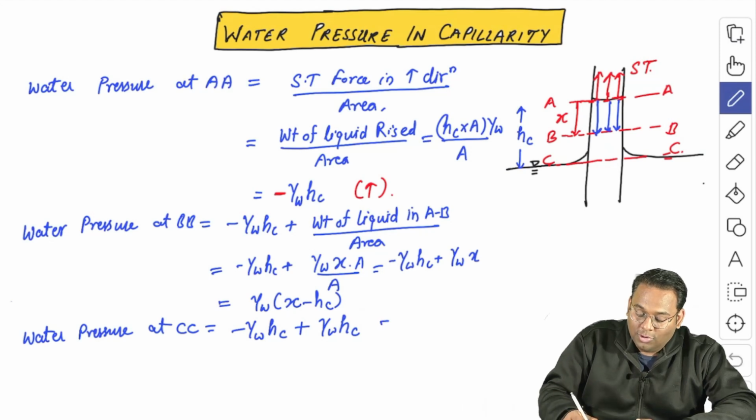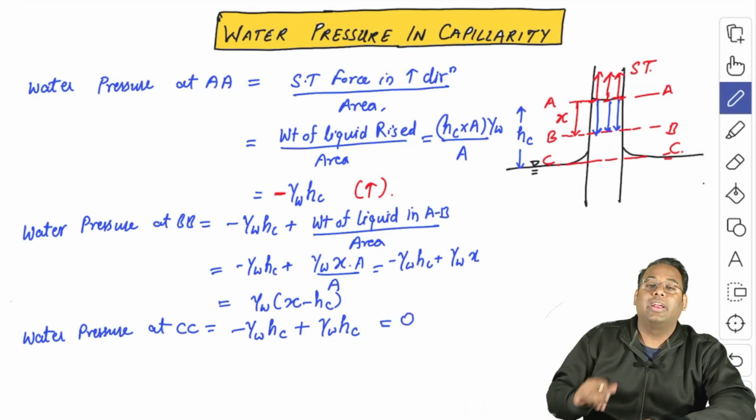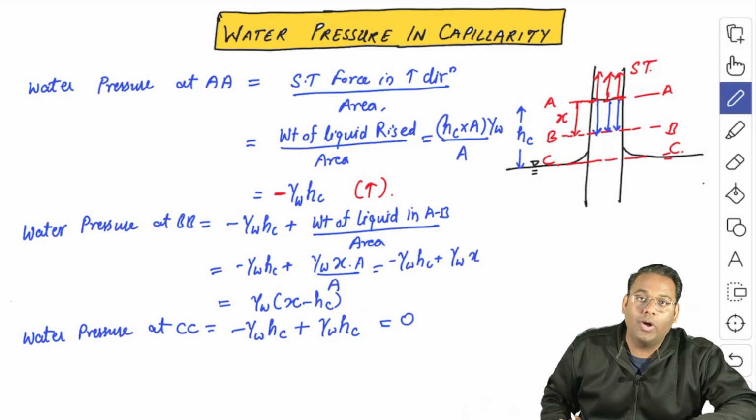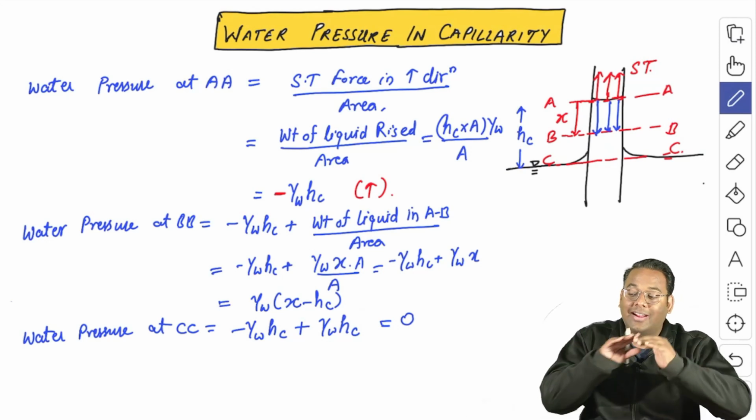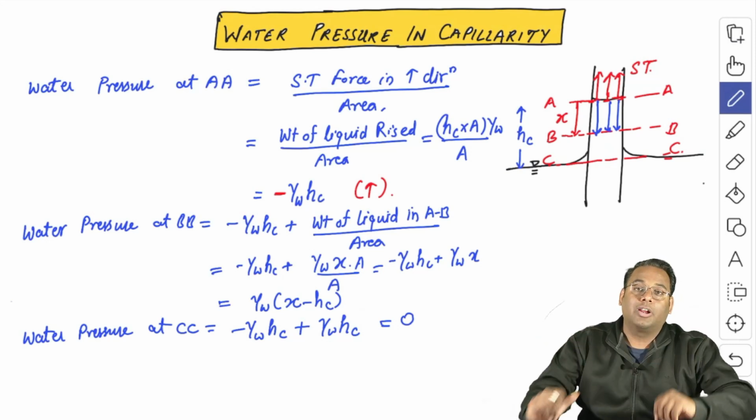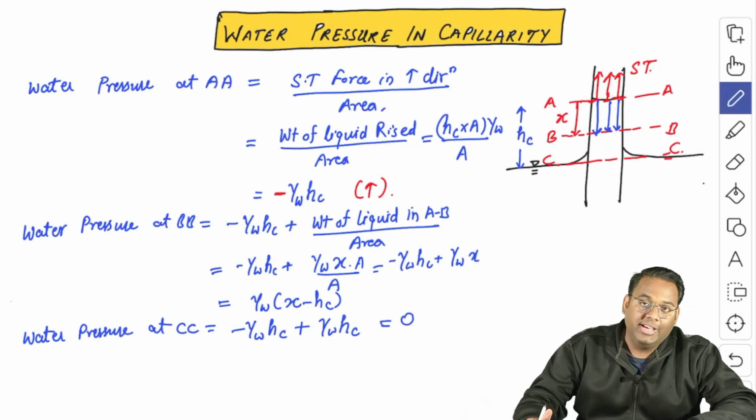If you solve both of these, you will get the value equal to 0 at the level CC. That means at the normal water level, the water pressure will be equal to 0.